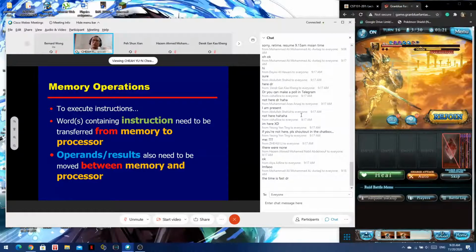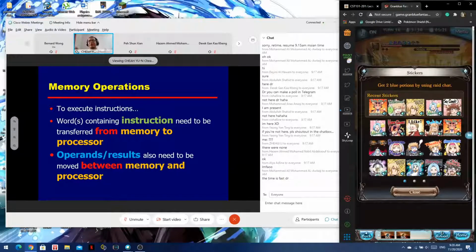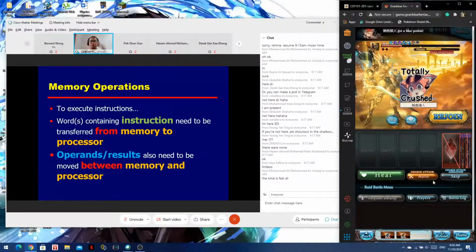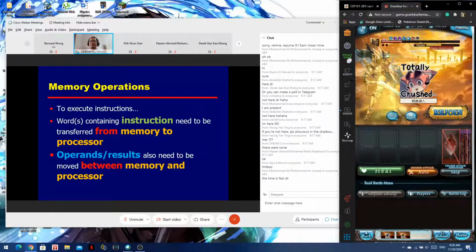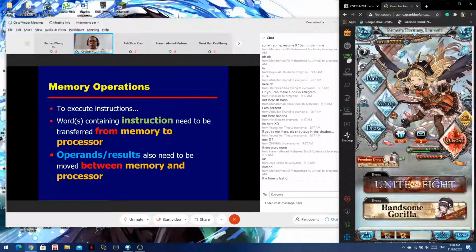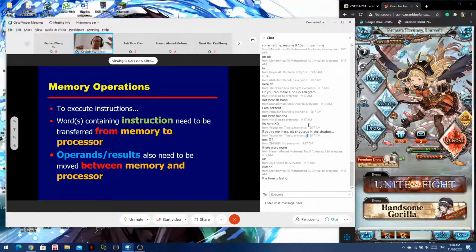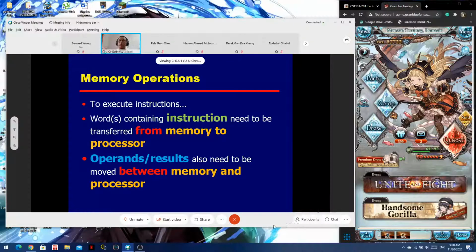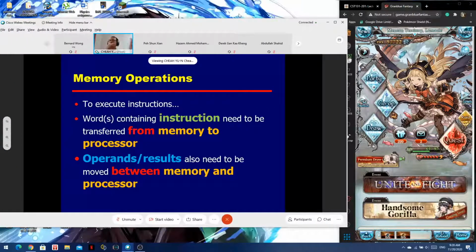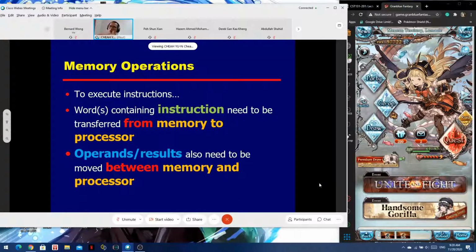The codes which contain the instructions need to come from memory. The memory referred to here you can think of as the RAM. Then the operands and the results also need to be transferred. The operands come from the memory to the processor, and after processing, go from the processor back to the memory. So it goes to and fro, because when it goes to the processor it is still an operand, and when it comes back to the memory it is already the result.